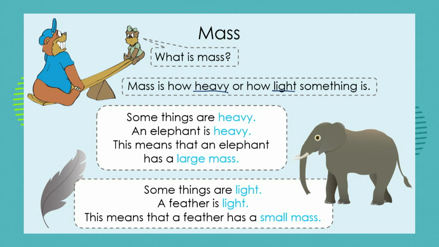For example, some things are heavy. An elephant is heavy. This means that an elephant has a large mass. Some things are light. A feather is light. This means that a feather has a small mass.